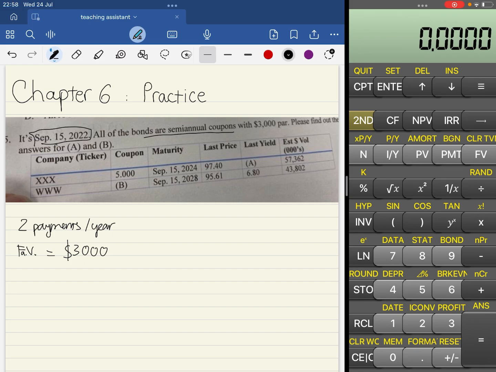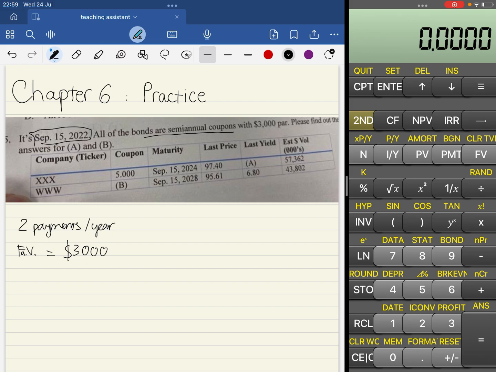Let's do part A first. What do we have to find here? We have to find the yield to maturity, which is the I/Y on the BA calculator. So if we have to compute I/Y, what are the other inputs? What is the N?